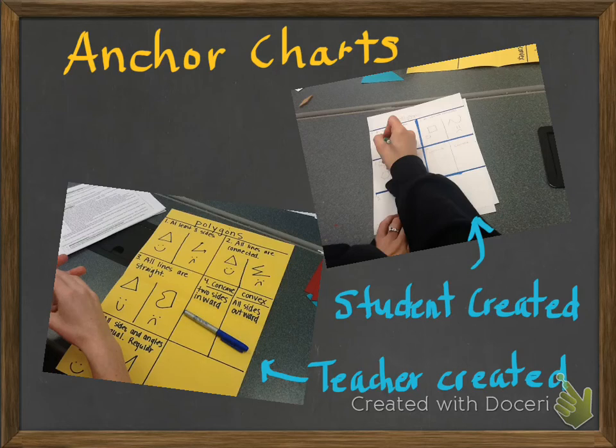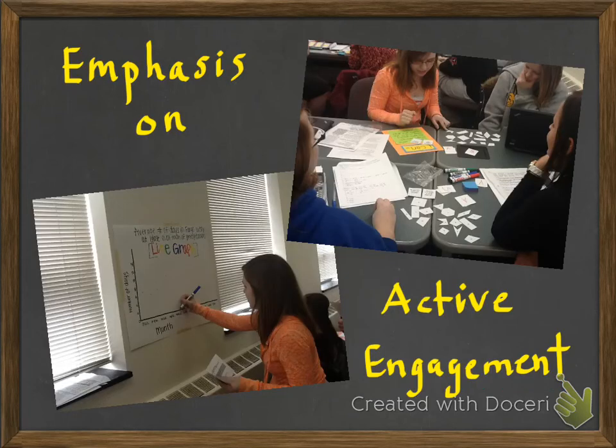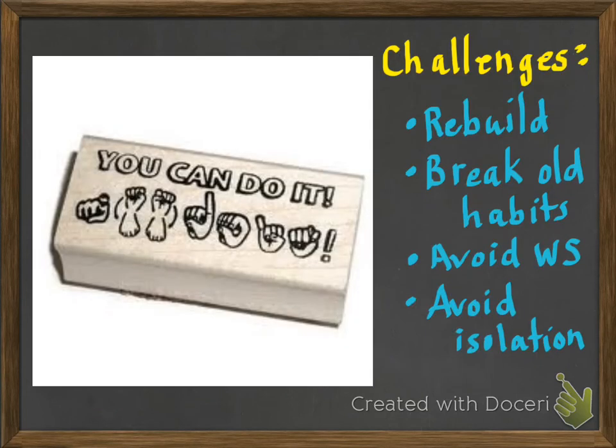I saw anchor charts, both student-created anchor charts and teacher-created anchor charts. I saw an emphasis on active engagement. And I know there are challenges to the way that I'm asking you to teach, because I'm asking you to rebuild a lesson to make it more engaging.